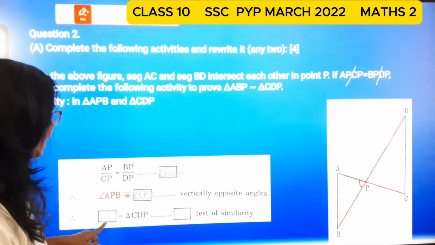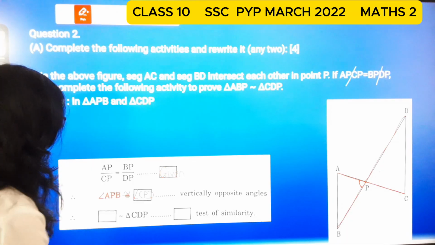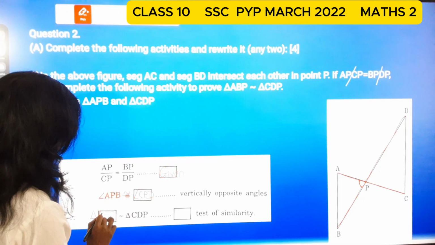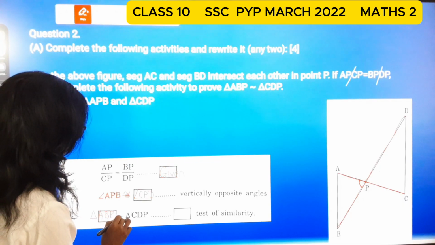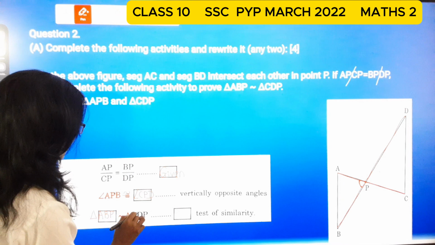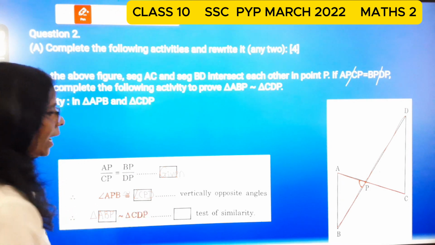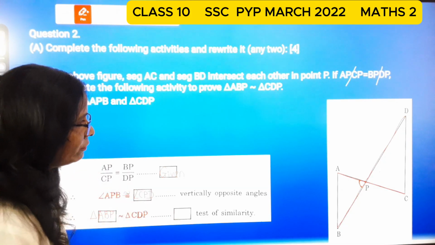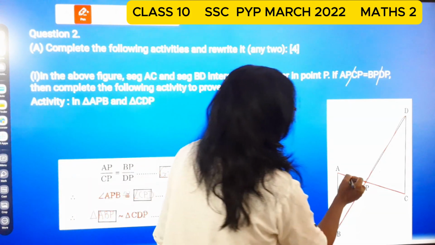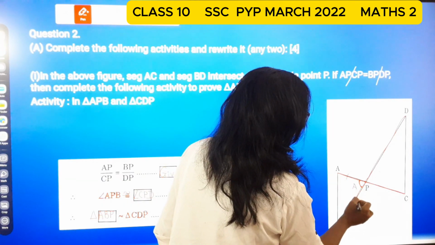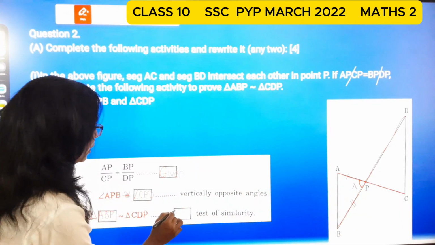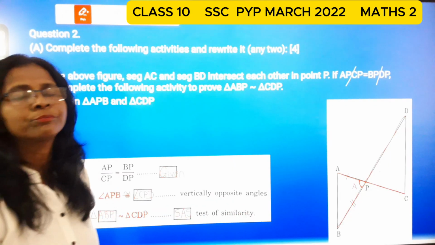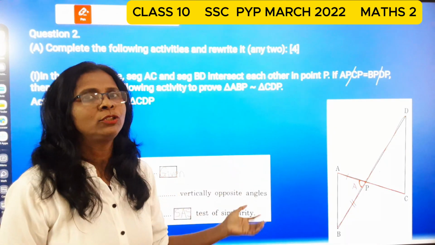Now therefore we can say that triangle ABP is similar to triangle CDP, and the reason is side, angle, side: SAS test of similarity. बघा स्टुडंट्स किती इझी क्वेश्चन्स आहेत.